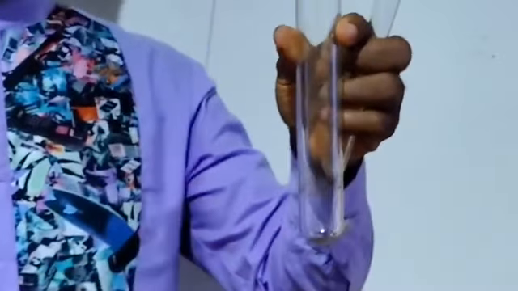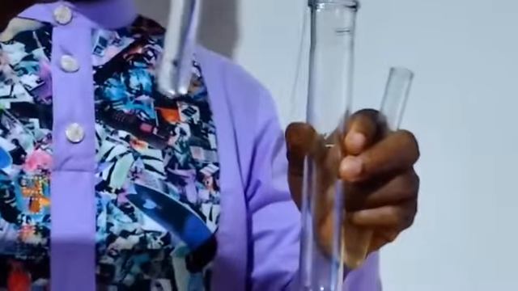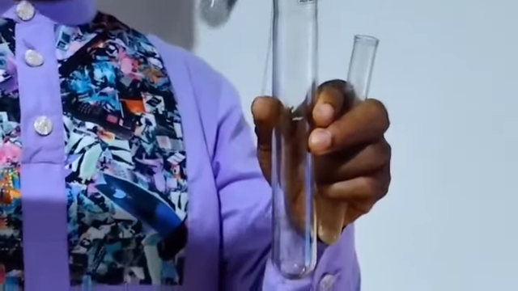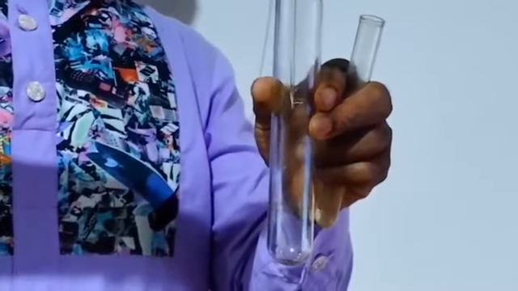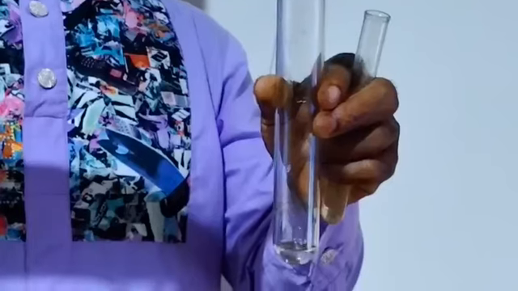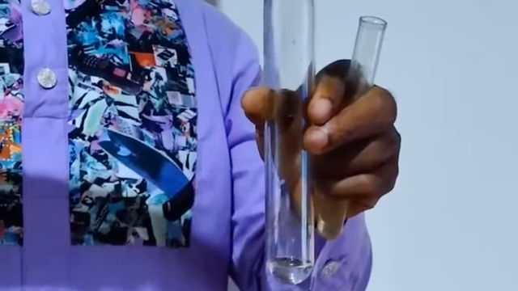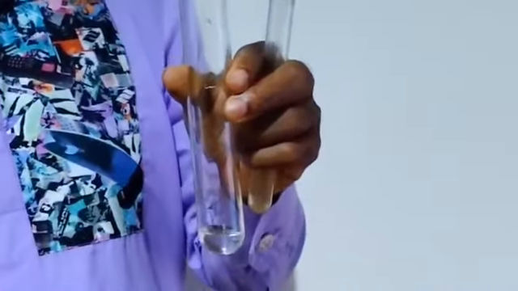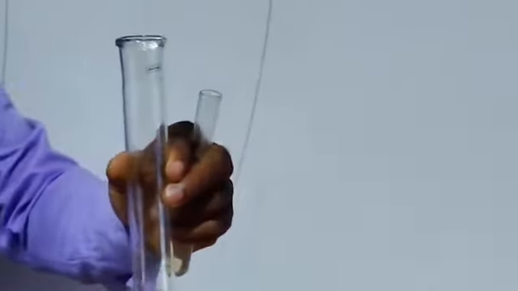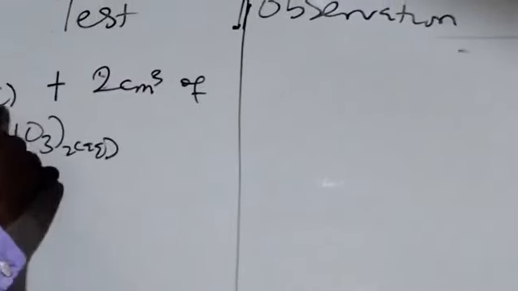So what do we expect in observations? This is a clean boiling tube. We add a small portion of C aqueous into this boiling tube. Then, from the question on the board, we are told to add lead nitrate to C aqueous.